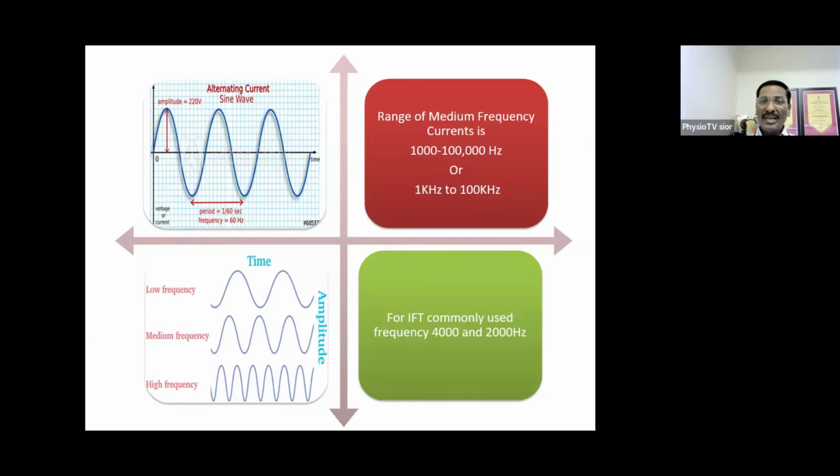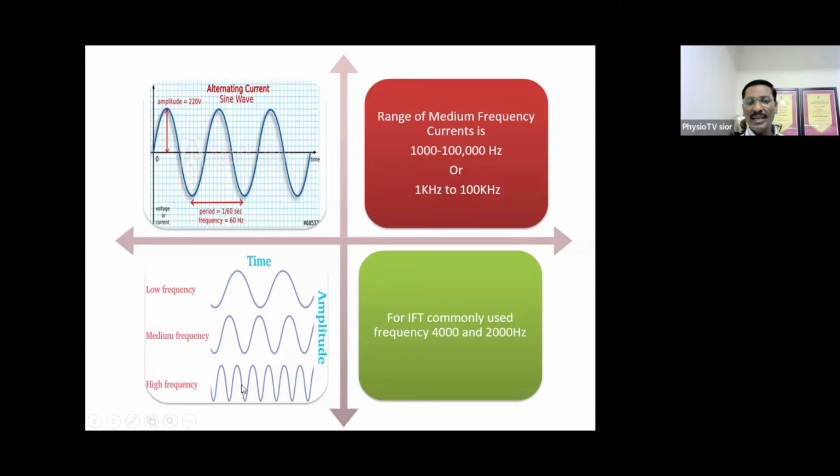Then when it comes to medium frequency current, the range starts from 1 kilohertz to 100 kilohertz. Now, how does this affect? I'll tell you. This means that in low frequency current, in a given time, if only two waves are completing, in medium frequency current, several waves complete in the same given time.